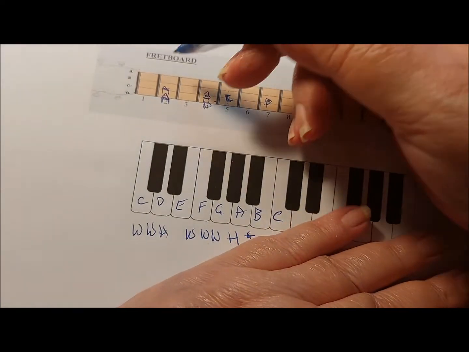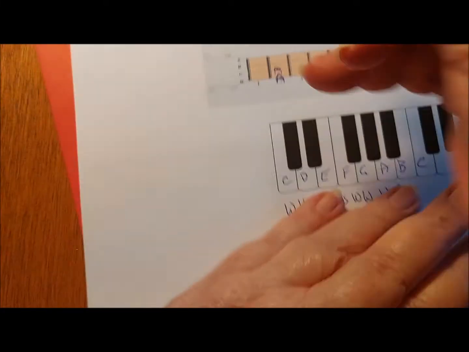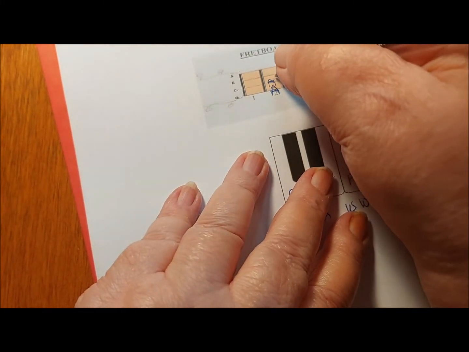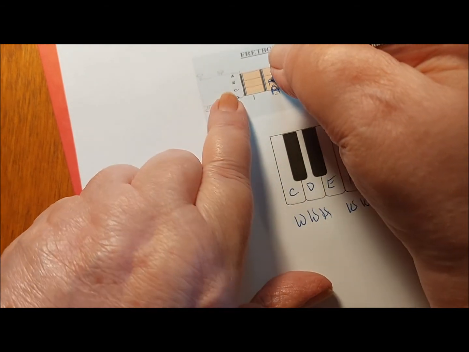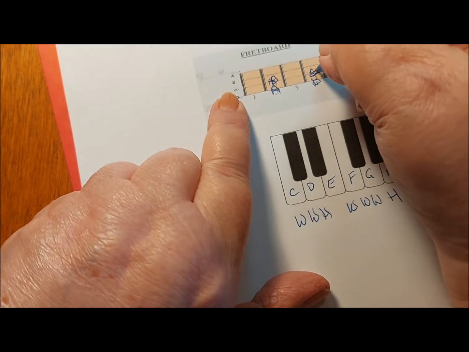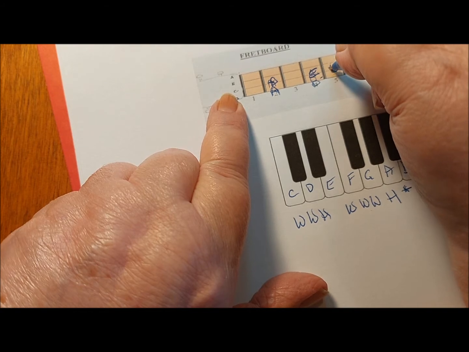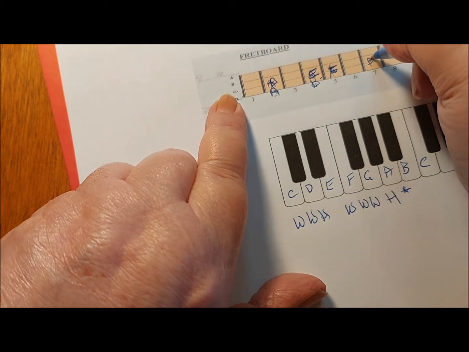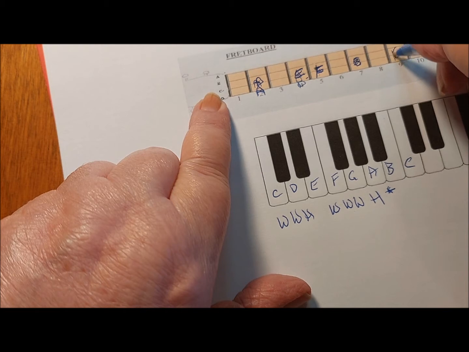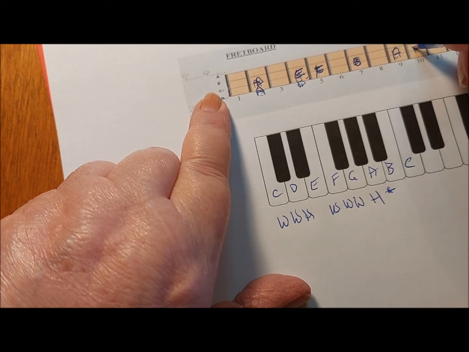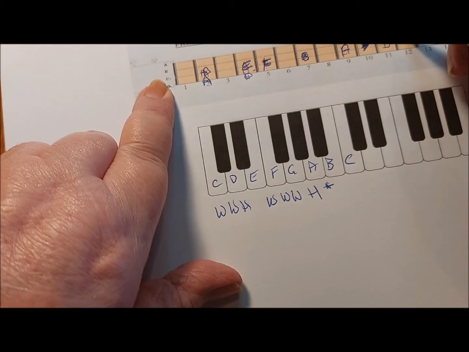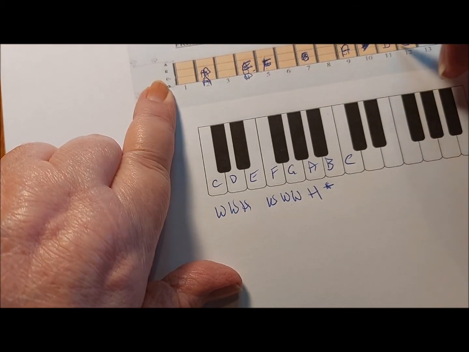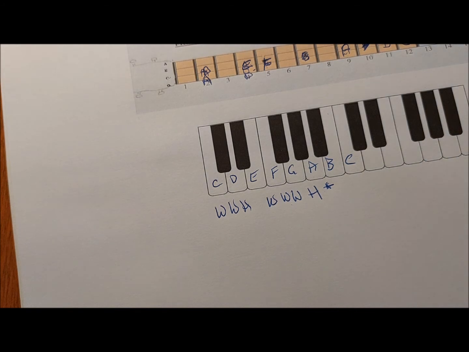I did something wrong. G, C. That's why, because I'm doing G. The G, C, D, E, F, G, A, B, C. C, whole step, half step. I hope that didn't confuse you, because that was really crappy.